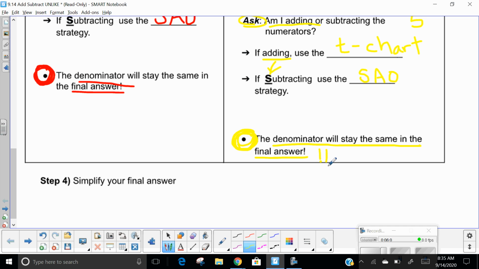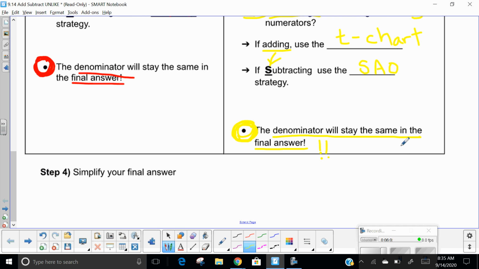It does not change. Then because our answers are always in fraction form, we have to check whether we need to simplify it or not. So we may have to convert it. If I have an improper fraction, I need to convert that to a mixed number to get the proper form of the answer, okay?